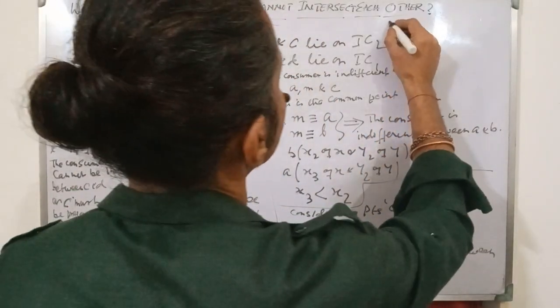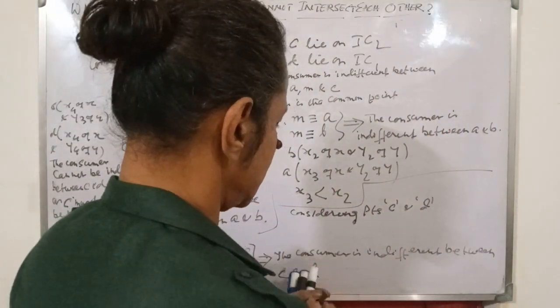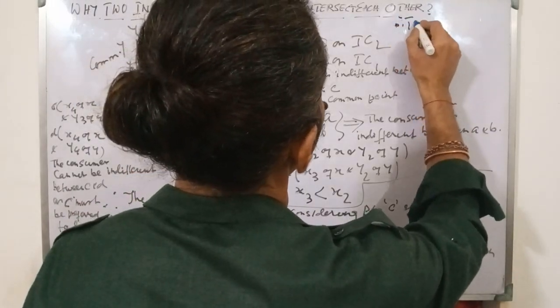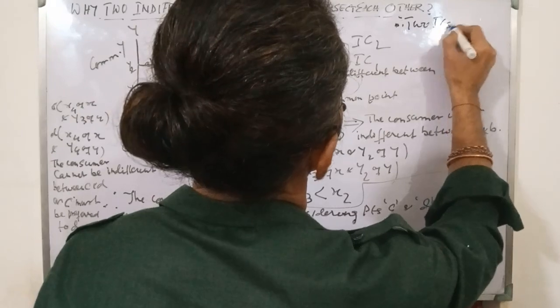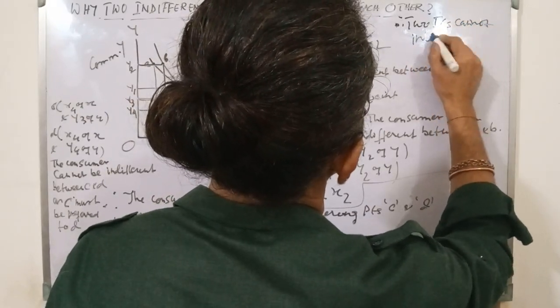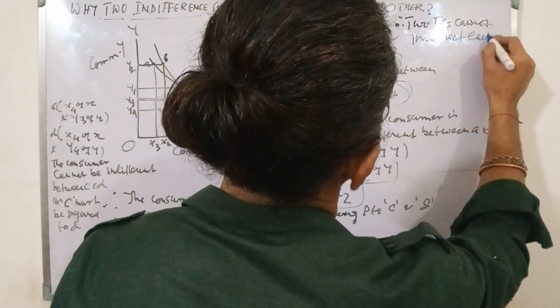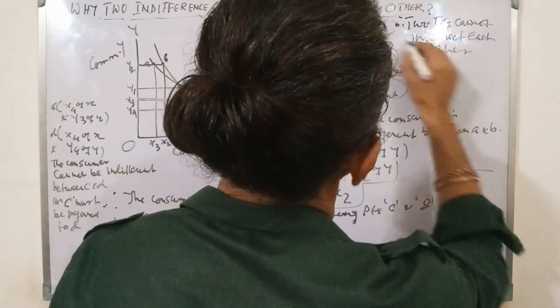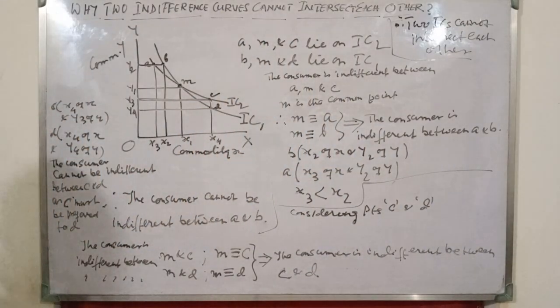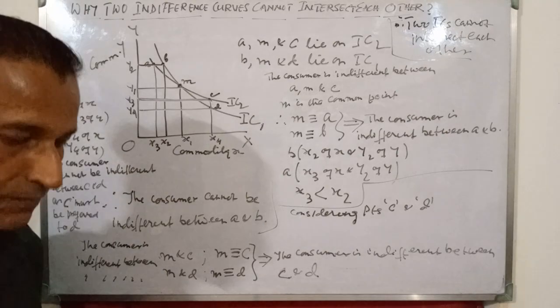Therefore, two ICs cannot intersect each other.